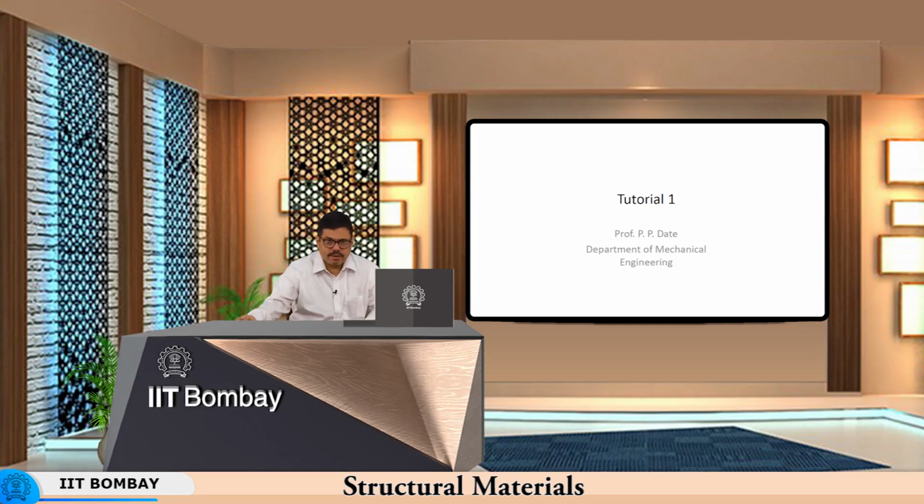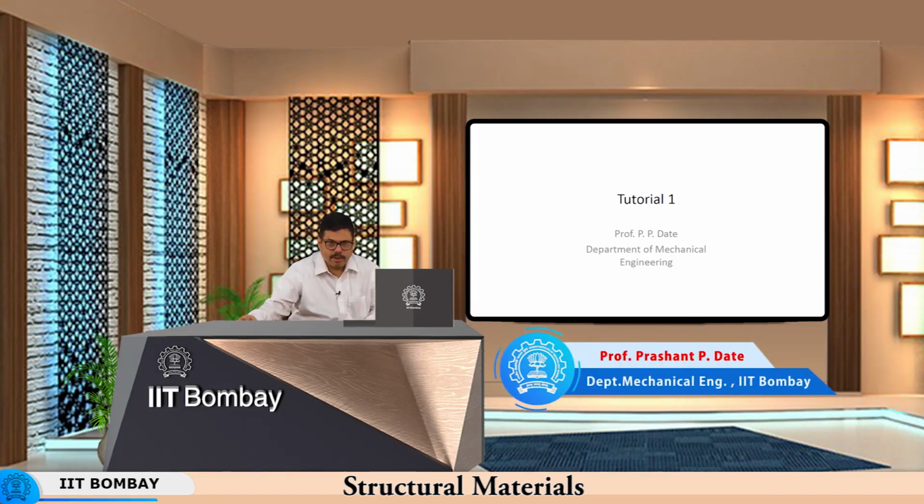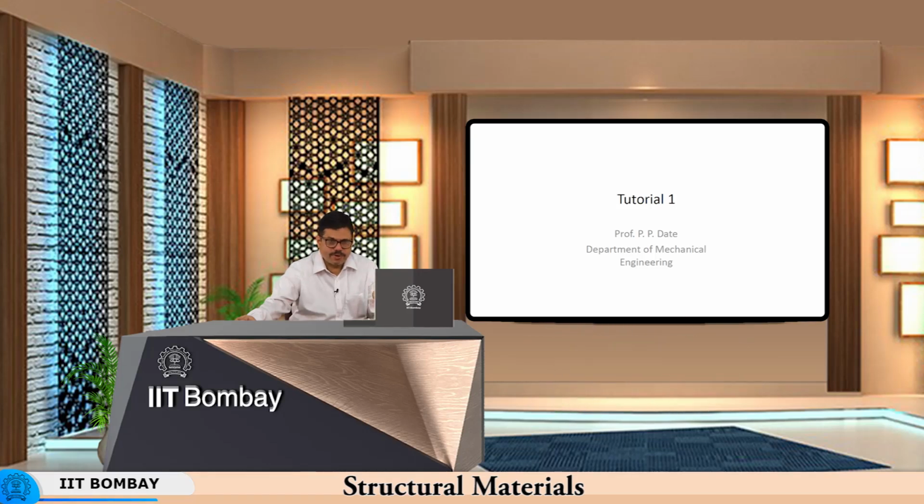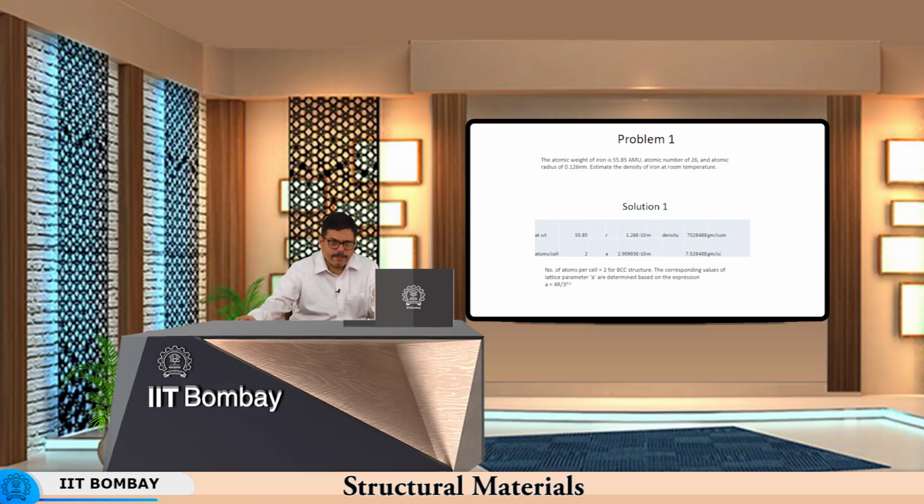Today we will start on solving a few numerical problems, so that's why this tutorial 1 has been worked out, and this tutorial is based on some initial coverage, the first maybe 6-7 lectures, where we will be discussing mostly the crystal structure, the structure of atomic diameters, vacancies, and things like that.